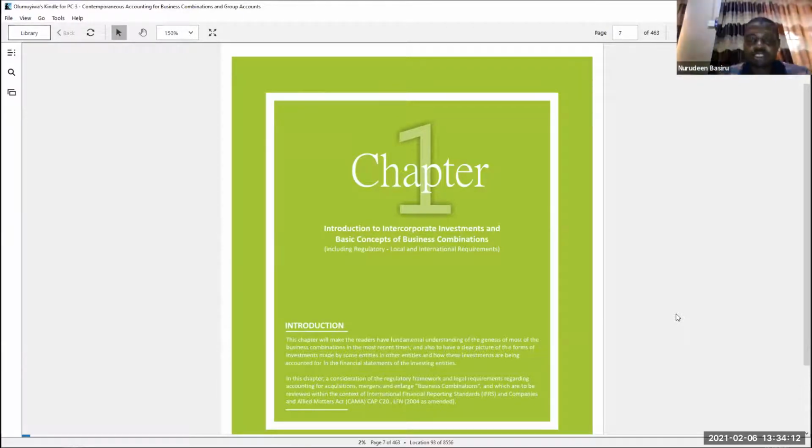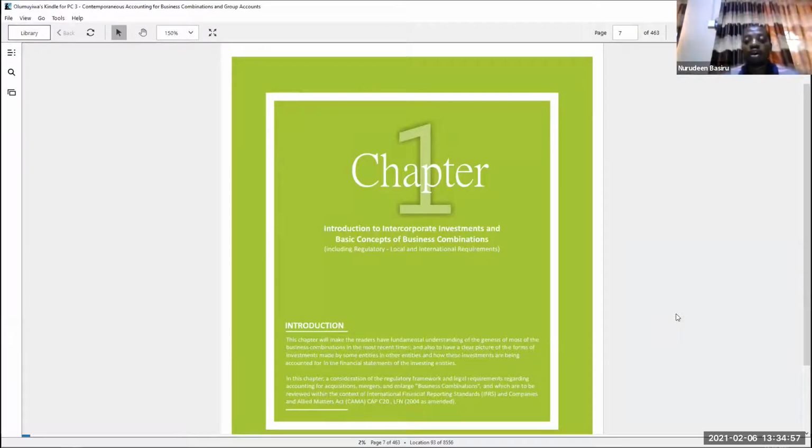From my understanding, business combination is an arrangement whereby two or more entities come together with their financial resources. Before we can say there is business combination, it must involve two or more entities. We have several forms of business combination.